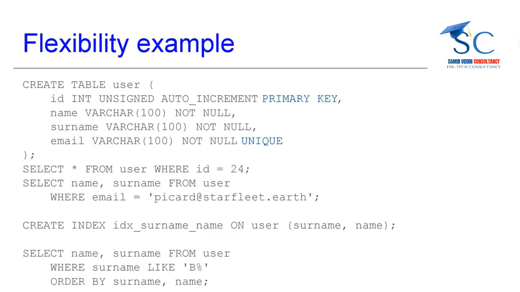The second query is not fast because we are accessing the table by email. So what we are going to do is simply creating a secondary index. You can see the create index statement. And basically, after that, we will be able to run the query we need.